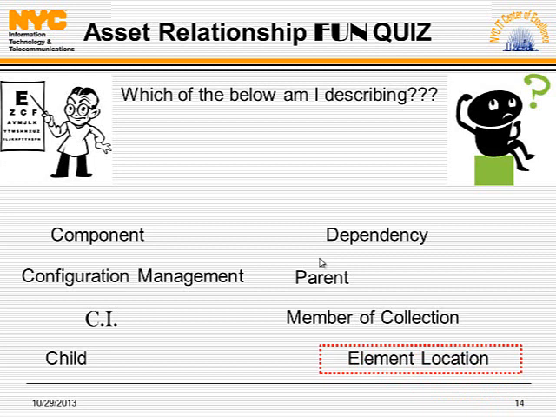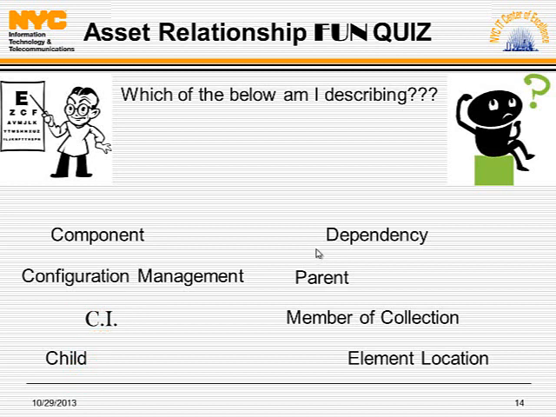All right, next one. An asset that has been configured to a specific use. Do you know which one this is? If you said CI, configuration item, you are correct. All right, moving on.